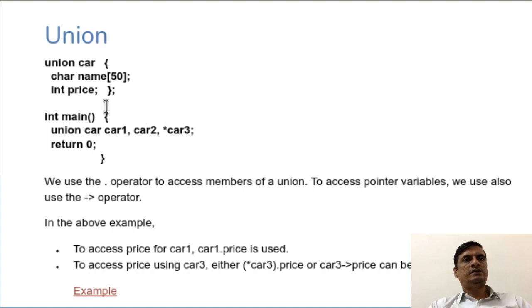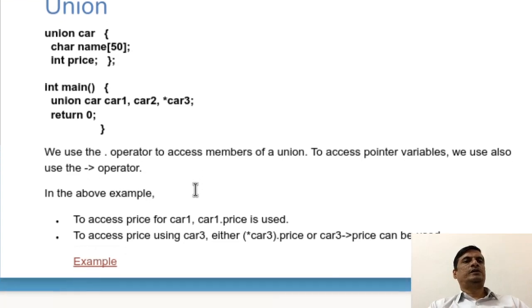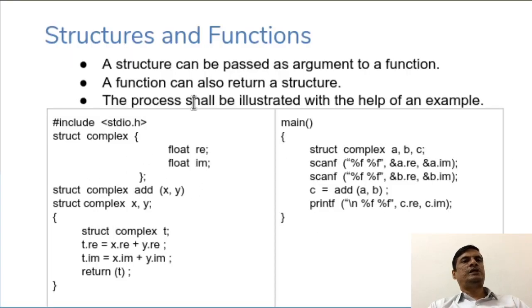If it is car3, then car3 arrow price, etc. The same way in which we used the structure, here also we use the dot and dereferencing operator respectively. Now, structures and functions.